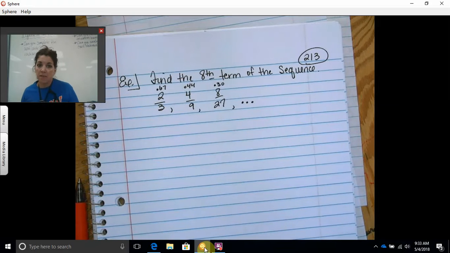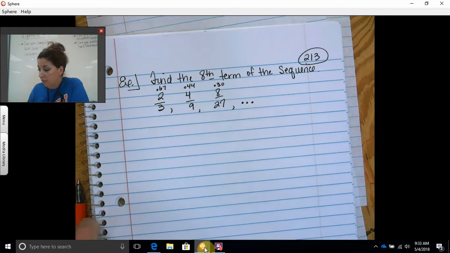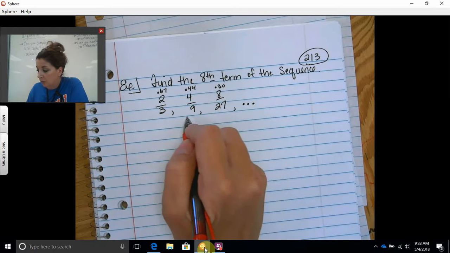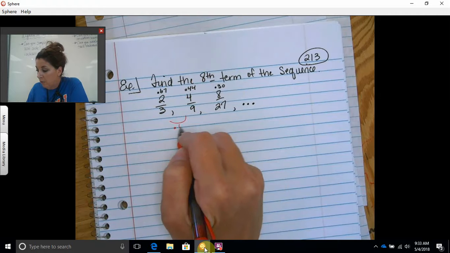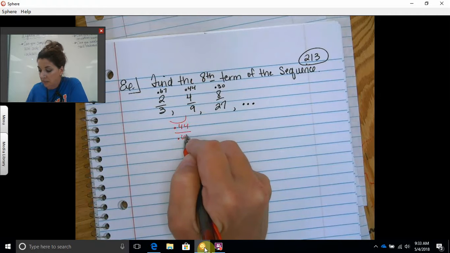So we have to keep in mind that we're rounding when we find the common ratio, because if it doesn't work out exactly right, we're rounding. So let's keep it in mind. So to find the common ratio, we're going to do 0.44 divided by 0.67.